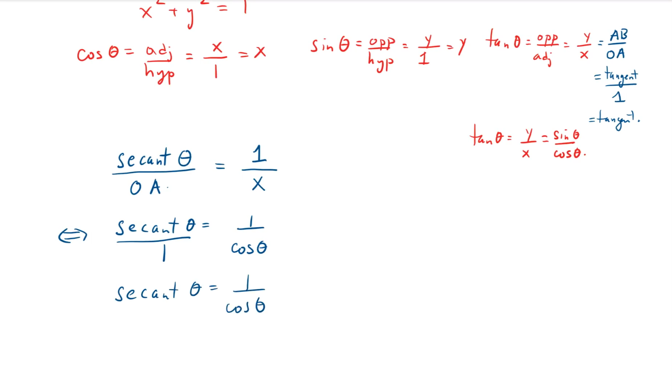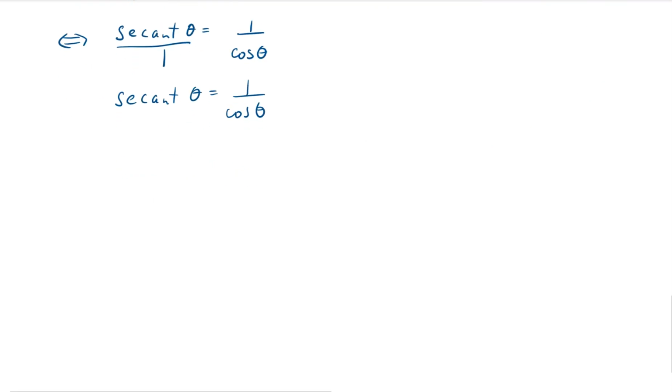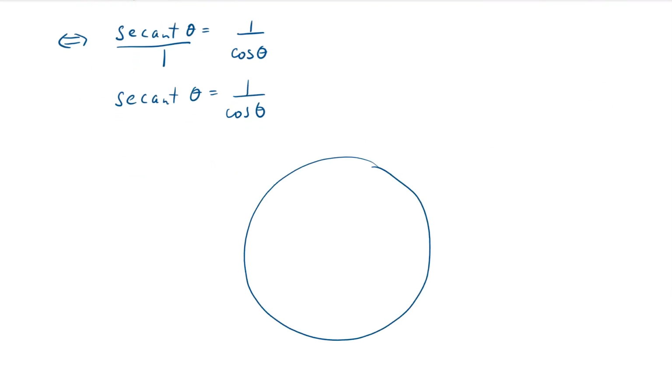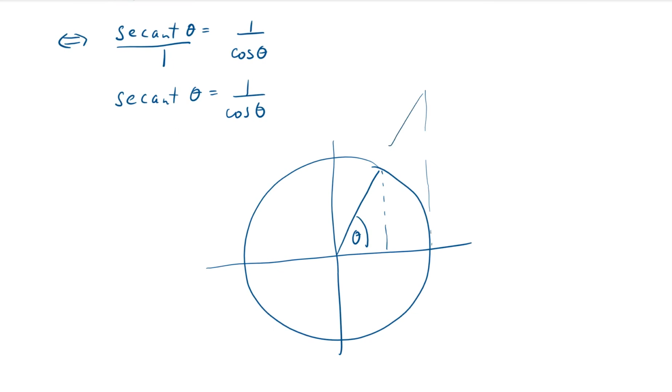Okay, so to summarize all this, on the unit circle, if I have an angle here, there's this triangle, but there's also this one. This side is tangent theta, this side is secant of theta. Secant of theta we would just abbreviate to sec theta.